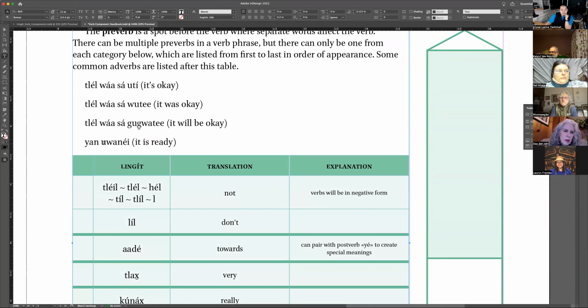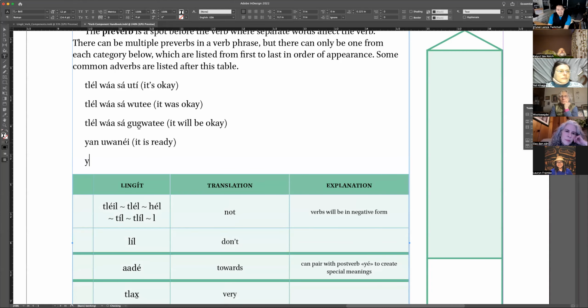So there's the verb, like it is ready. And there is a pronoun, you could put a pronoun, there's an object pronoun right there, right? So this is a 0 because it. So you could say yan khatuwane, I'm ready, yan hawane, we're ready, yan iwane, you are ready. So then we can switch this and we can say yan iwane, you are ready.